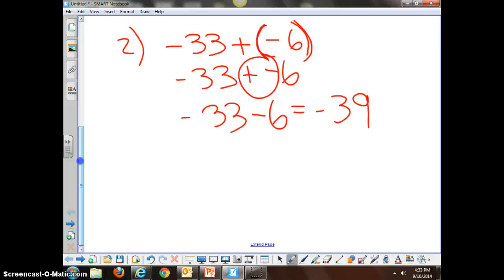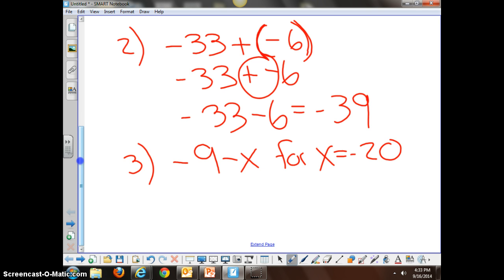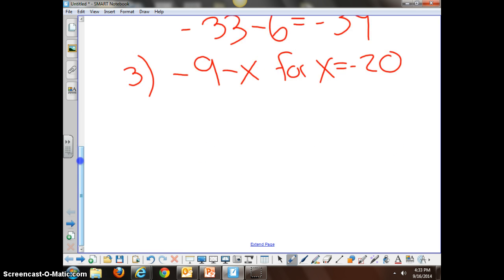Another example of a problem you may see coming up would be something like this. If you have a problem such as -9 minus x, here's where the algebra comes into play, for x equals -20, you are going to write this as -9 minus whatever x is. And in this case, x is -20. So it's going to be -9 minus -20.